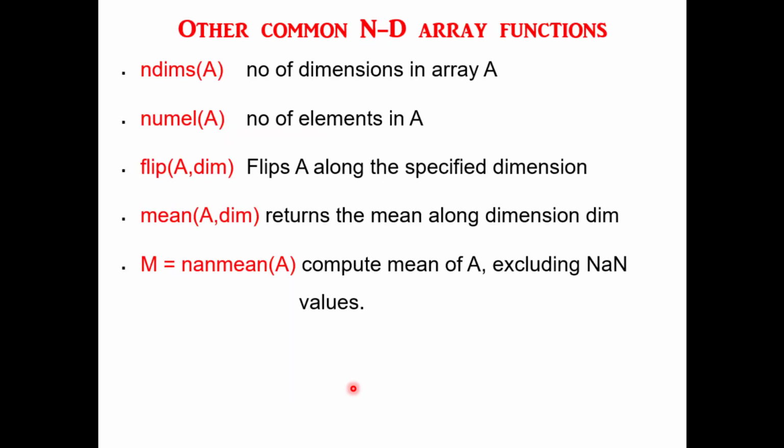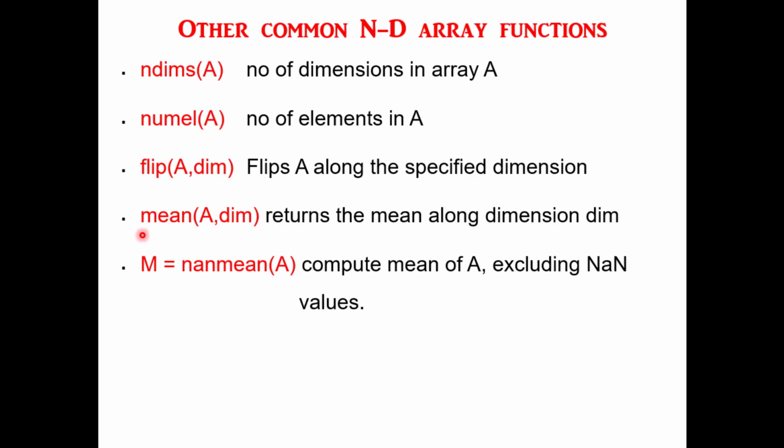Other common functions used for multidimensional arrays include ndims, which gives the number of dimensions in array A. We have numel, which gives the number of elements in the array A. We also have the flip function, which flips an array along the specified dimension.